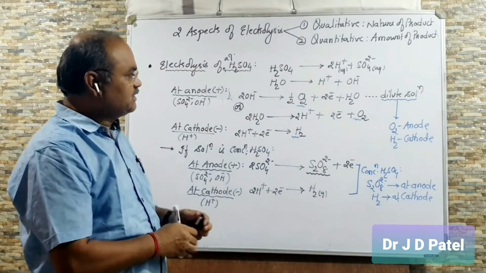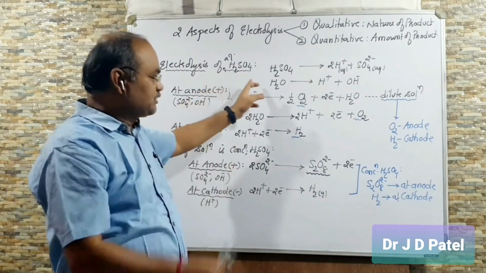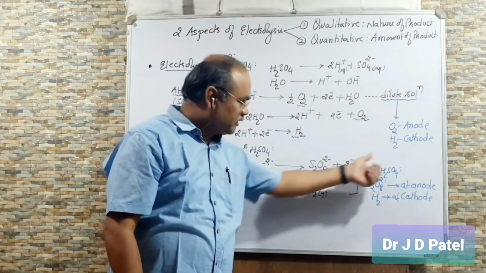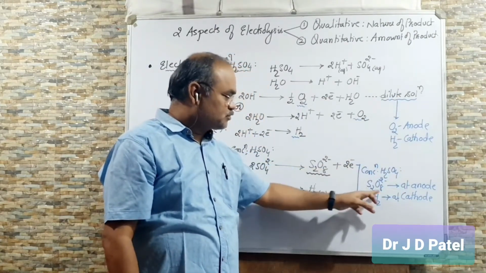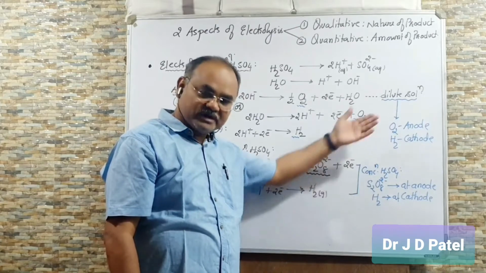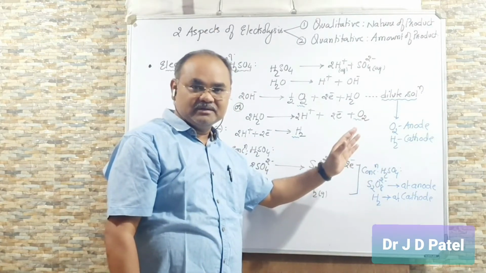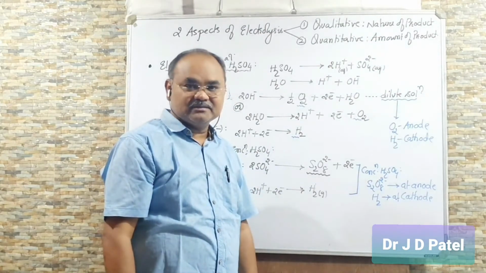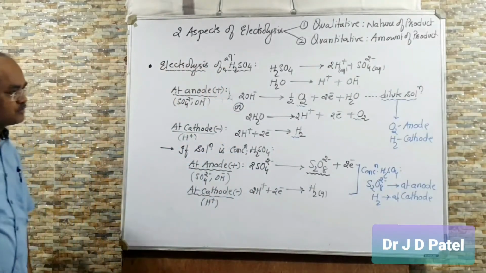So again you can see here, in case of sulfuric acid also, if you take dilute, the product is O2 and H2. If you take concentrated, the product is S2O8 2 minus and H2. So again the nature of the product is different when the material is different. One is dilute, another is concentrated. So this was the first aspect.